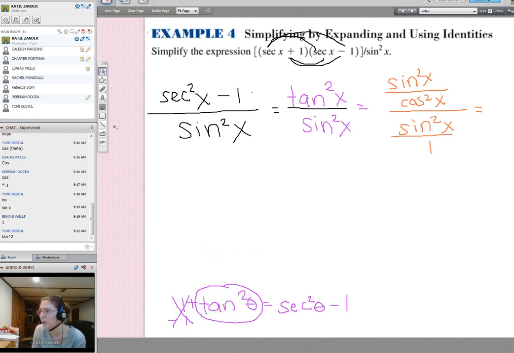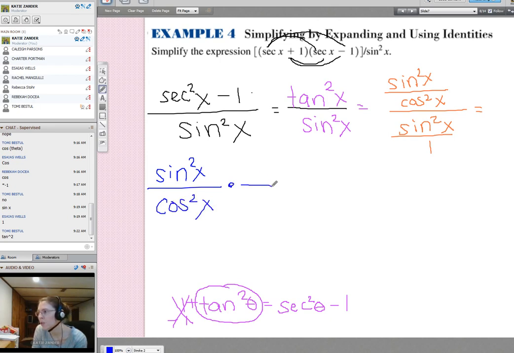I'll make some room on the board. Remember, you cannot divide fractions, so I'm going to change this division problem to a multiplication problem. In order to do that, we've got to take the reciprocal of the second fraction, or that denominator here. So notice I did take the reciprocal when I changed this to multiplication.